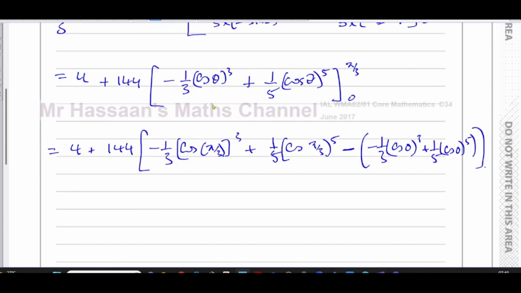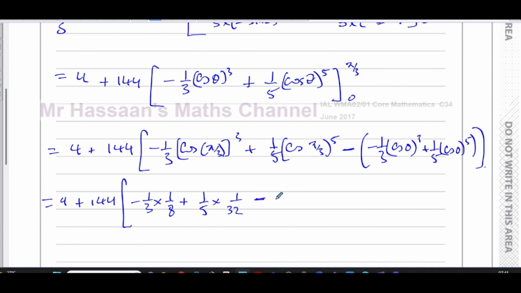So now we have 4 plus 144 times. Now the cosine of pi over 3 is a half. 60 degrees, right? A half. A half cubed is 1 over 8. So it's minus 1 over 3 times 1 over 8 plus 1 over 5 times 1 over 2 to the power of 5, which is 1 over 32.